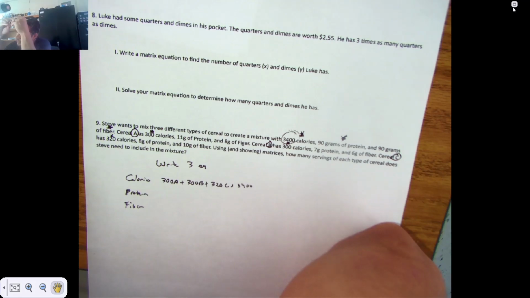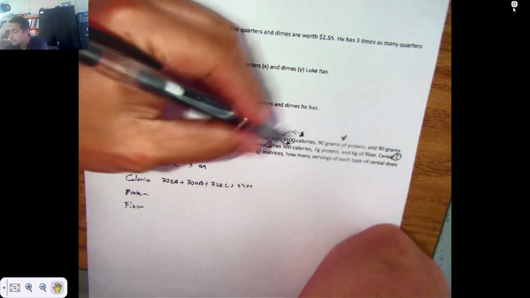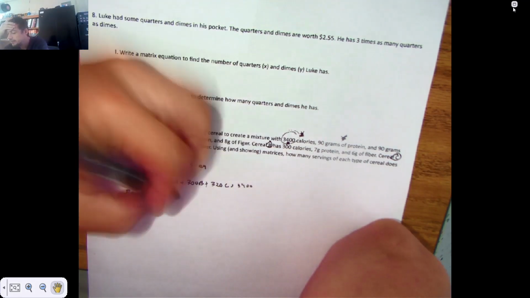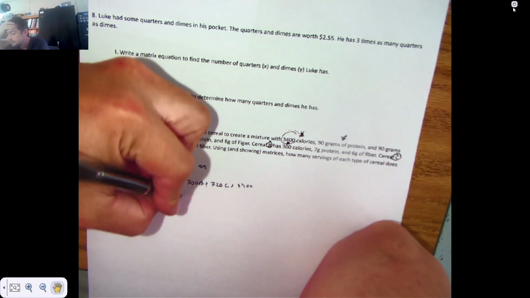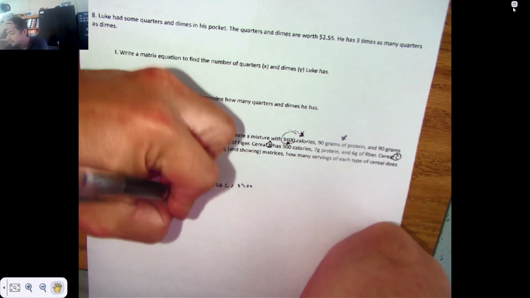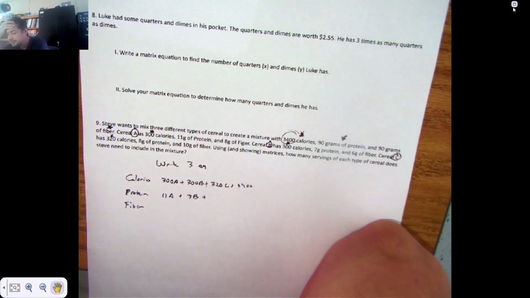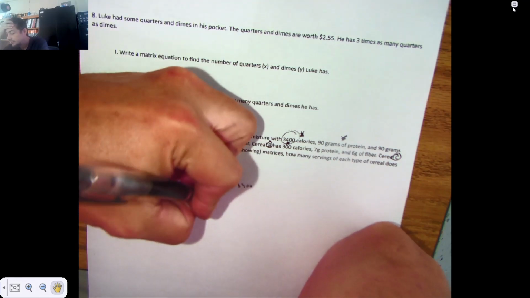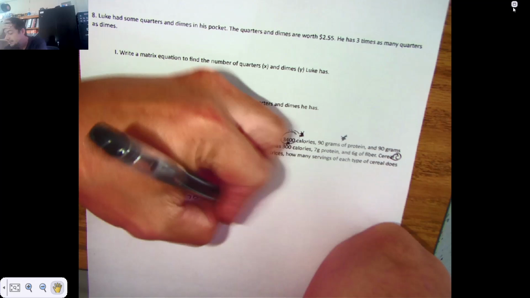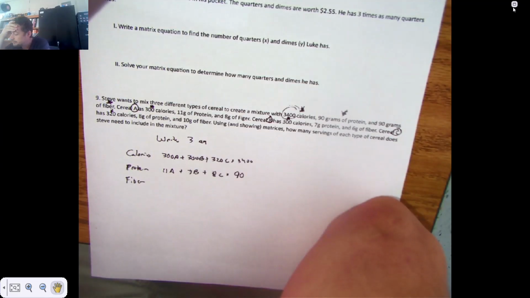Next thing we'll talk about is protein. Cereal A is 11. Cereal B is 7. And cereal C is 8. And the goal is 90 grams of protein. And then we have fiber. Cereal A is 8.